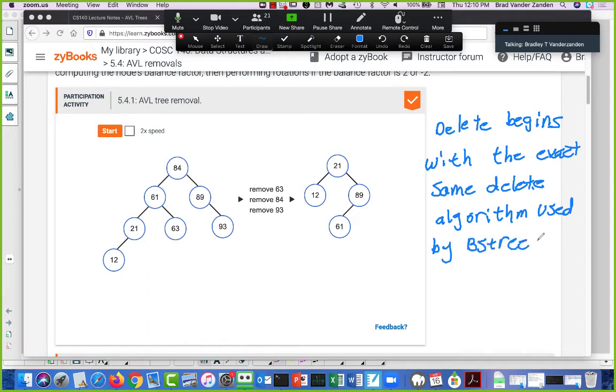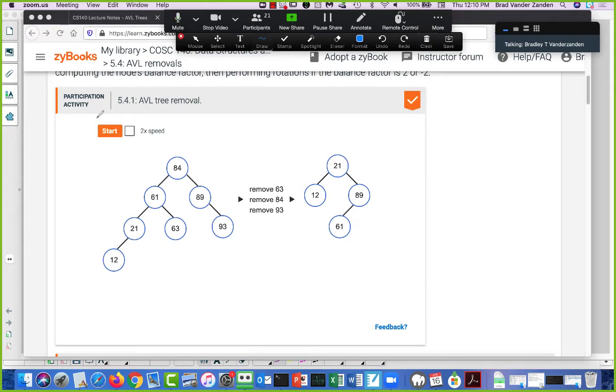Just like with the insert case, you're using exactly the same algorithm that you used with binary search trees. Now remember, okay, so let's just take a look at that.